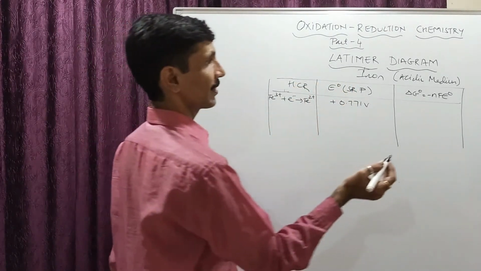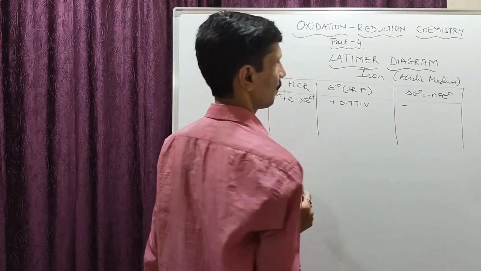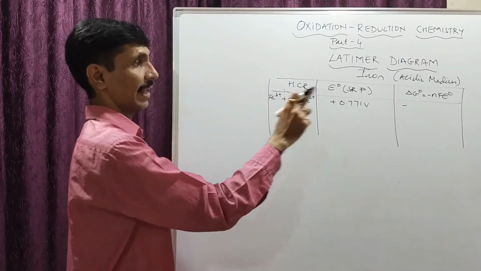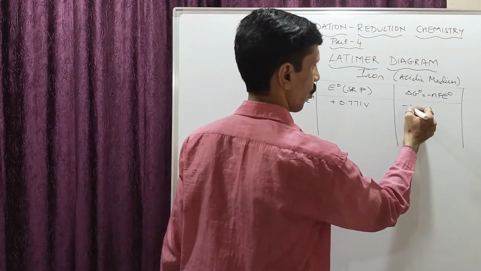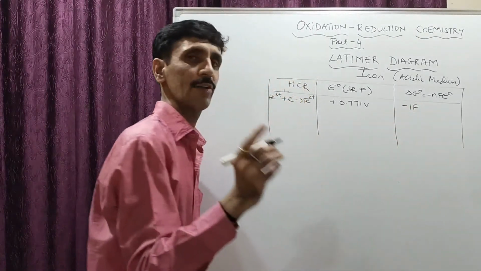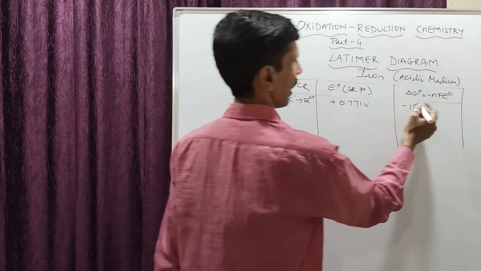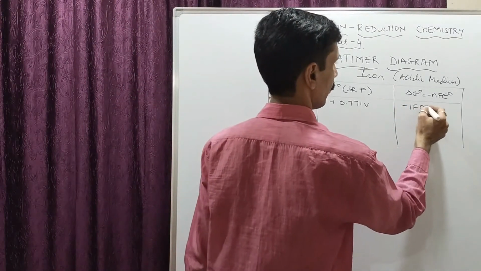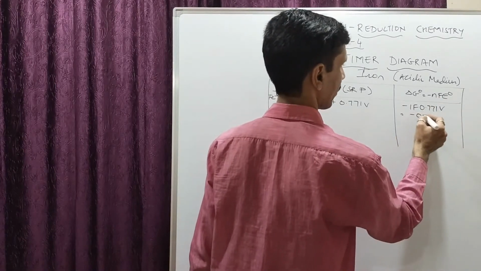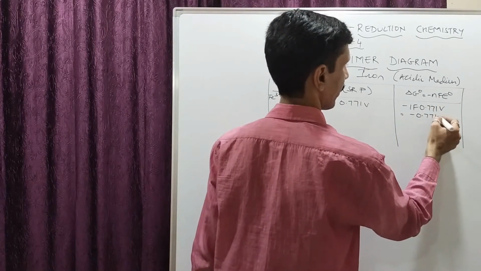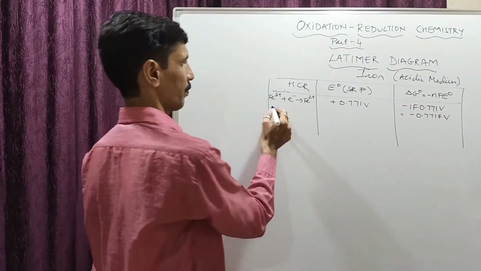Now if you want to go for the delta G0 over here, that is minus of n, where n stands for the number of electrons, which is 1. F, we'll just keep it as 1F. The F value is 96,500, but for simplicity we'll keep it like this. And then it is going to be 0.771 volt. So that is equal to minus 0.771 F volt. Okay, this becomes your first part.